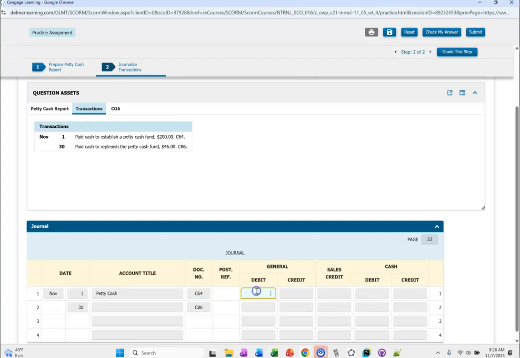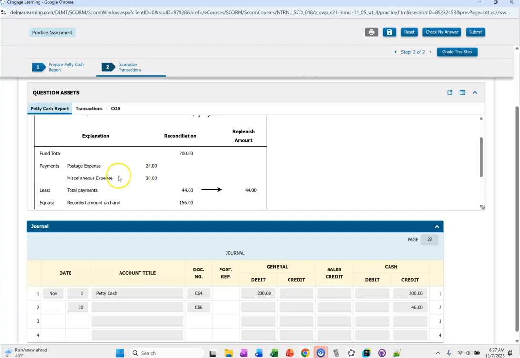I see. So petty cash is debited 200. Cash is credited 200. And then on the 30th, we have to do our petty cash report. So we're crediting cash $46.